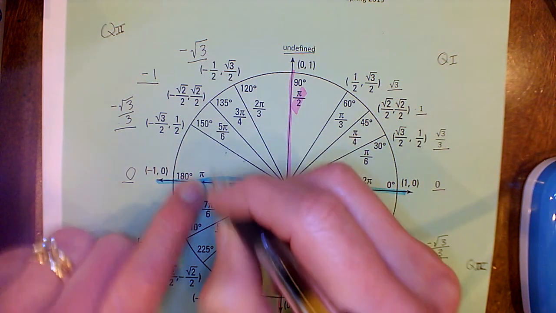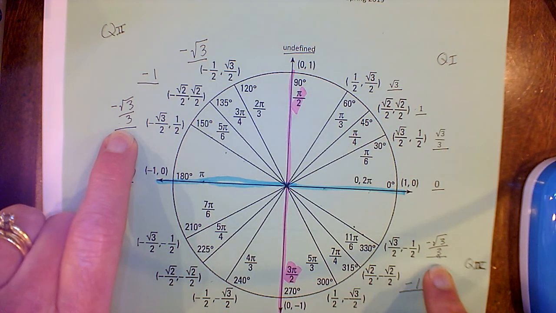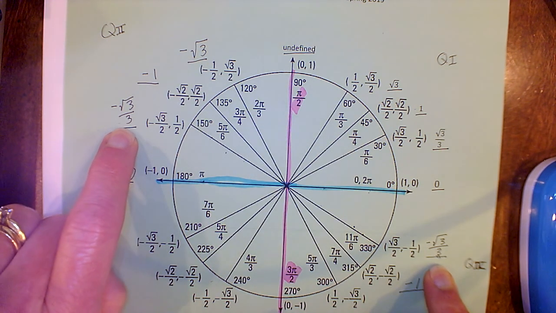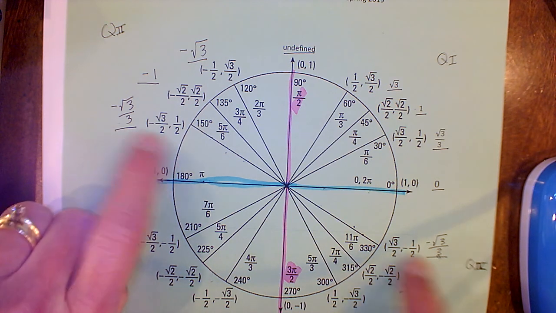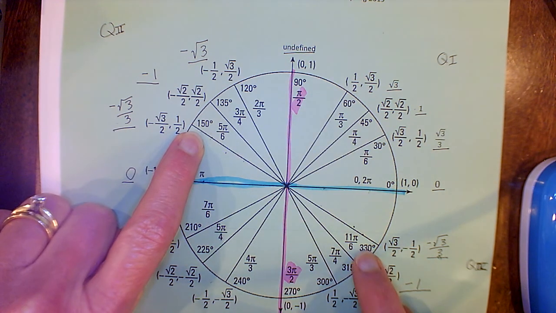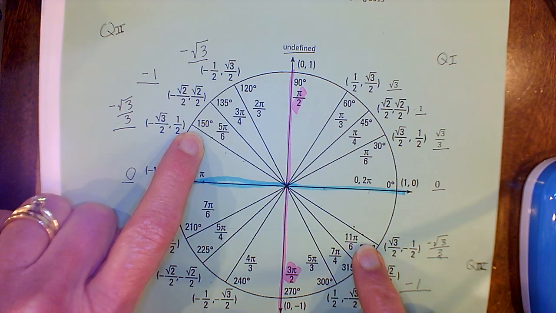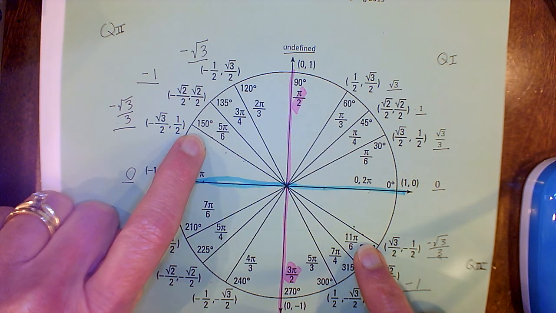I'm just up here in quadrant 2, but they both have the same tangent. And so both of these angles, 330 and 150, or negative 30, think of this as being negative 30 right here, because that's the way it's going to give it to you when you're using inverse tangent. Negative 30 and 150 both have the same reference angle of 30 degrees. One of them is in quadrant 4.